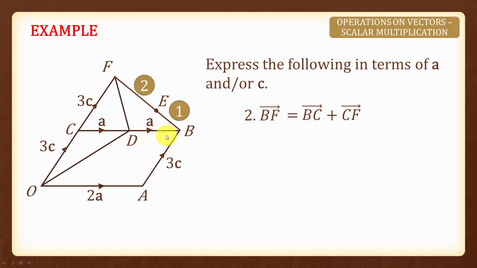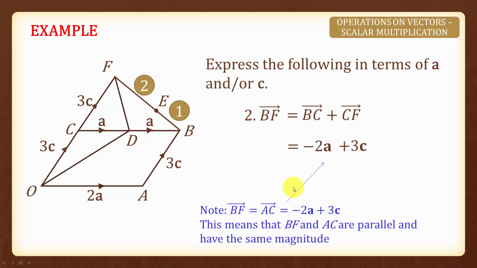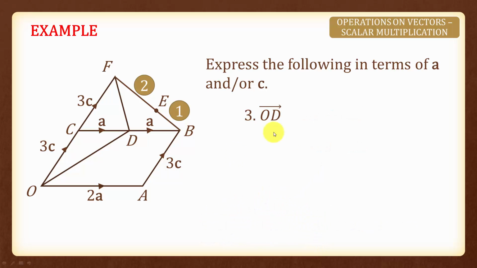And we will have negative 2a plus 3c. Now, this answer here is equal to vector AC, and both of them are negative 2a plus 3c. What this means is that vector BF and vector AC are both parallel and they have the same magnitude because they are equal vectors.